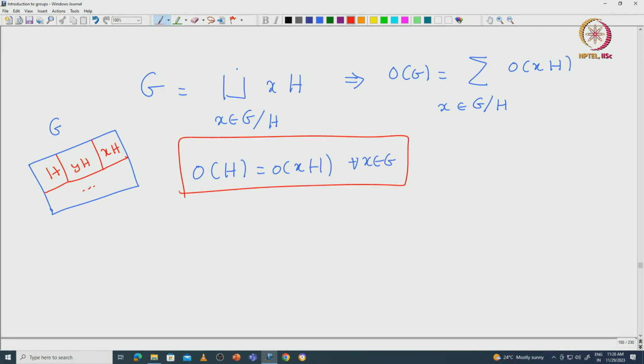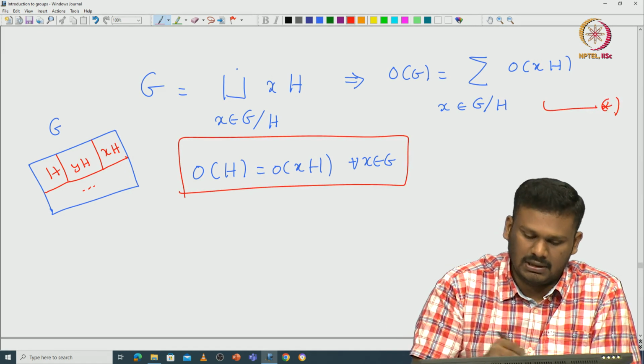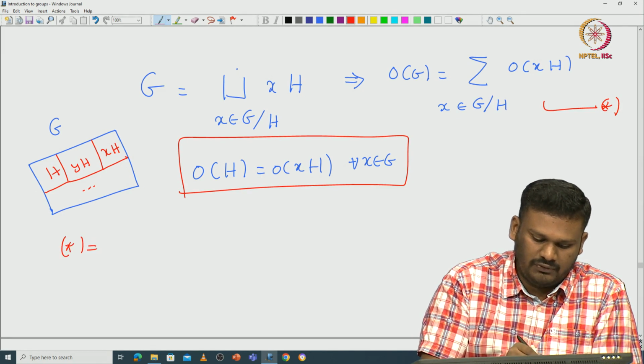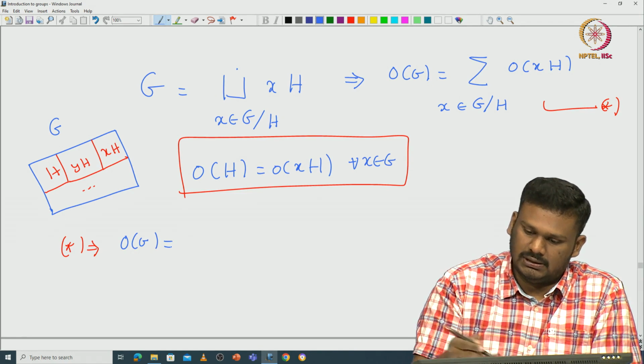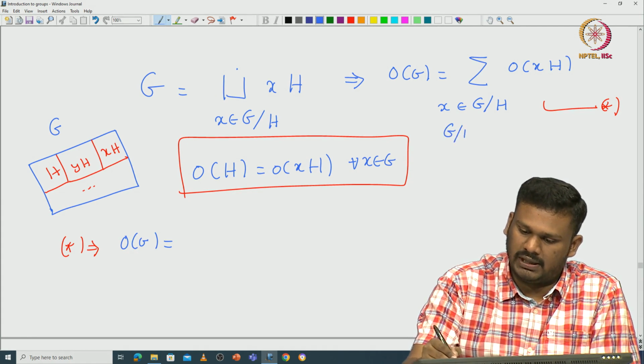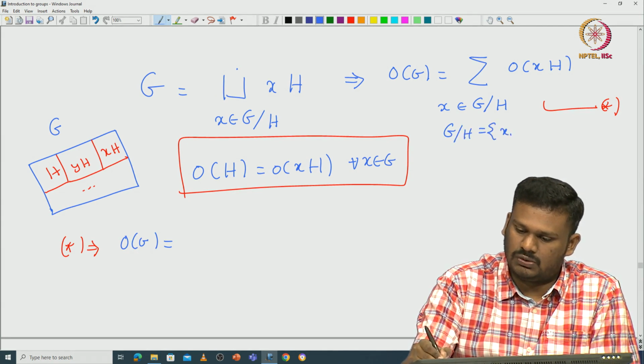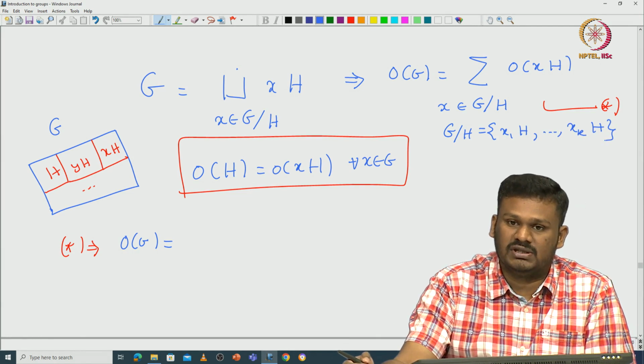So, if we use this in equation star, what do we get? We get the order of G equal to the following. Call G mod H as x1H up to xkH. These are all the distinct left cosets.